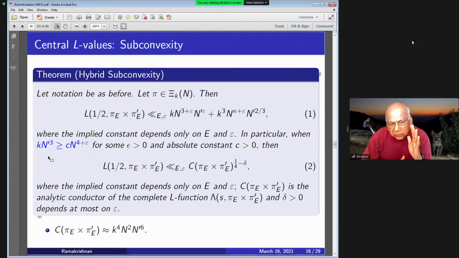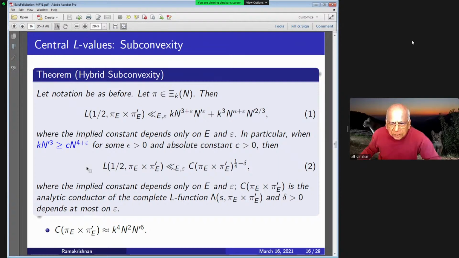If you're in the restricted range, n and n prime can both go to infinity, but you have to do this, then you get this thing here bounded by c to the 1/4 minus delta. So you do get subconvexity if you're in this restricted region. It's not an arbitrary plane, but a restricted region in the plane.